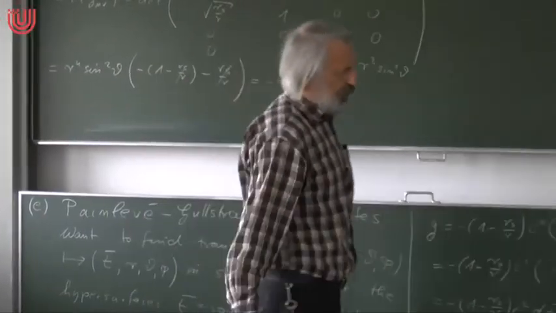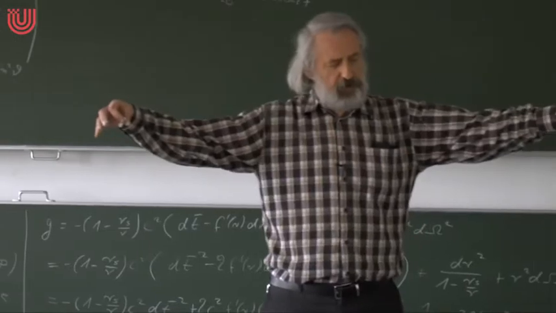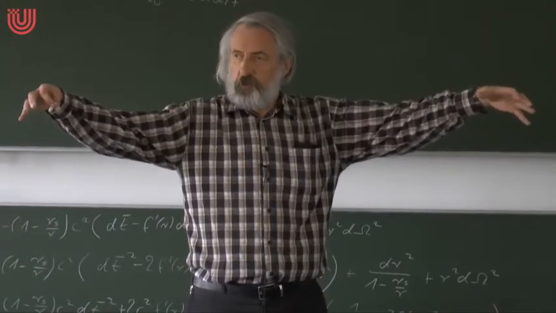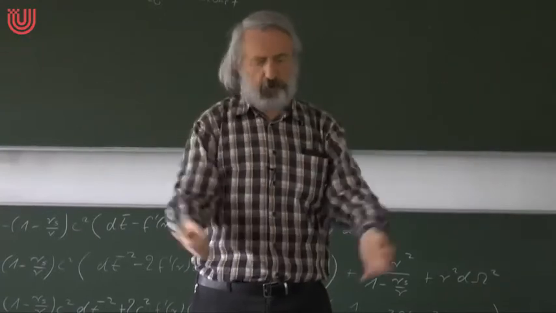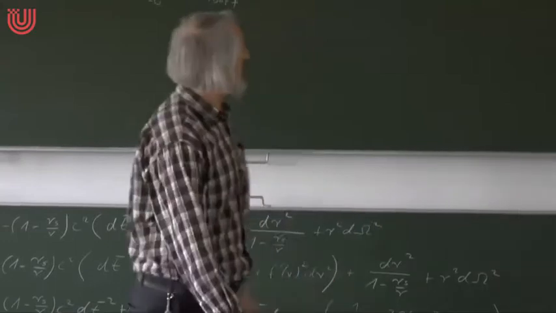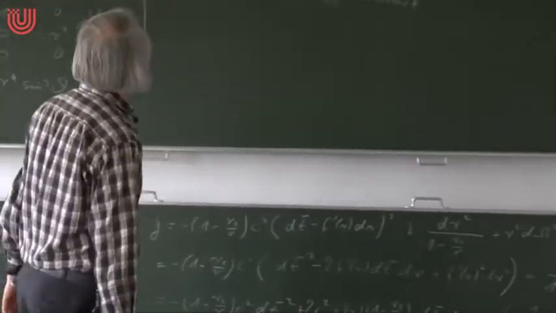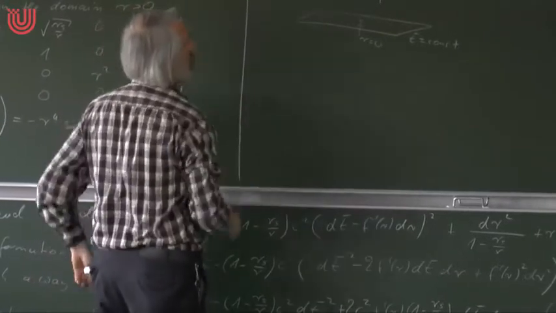And now comes the feature into the game which I've mentioned already. These coordinates are associated with freely falling particles, which come in from infinity and then fall radially towards the center. These are the observers that see this geometry. And I will try to prove this. So this will require a little bit of calculation.